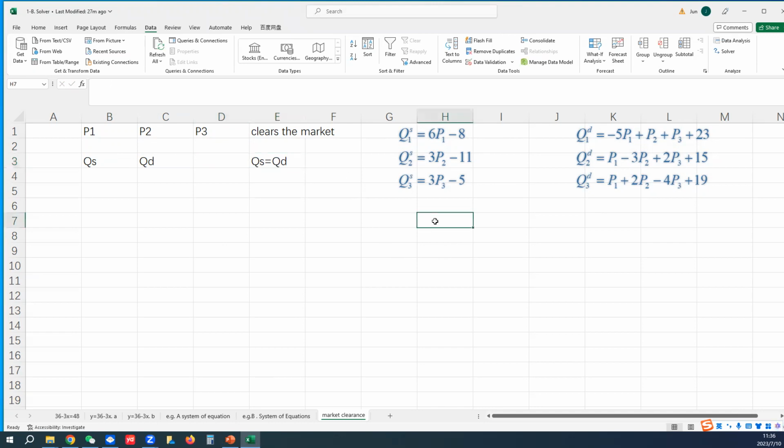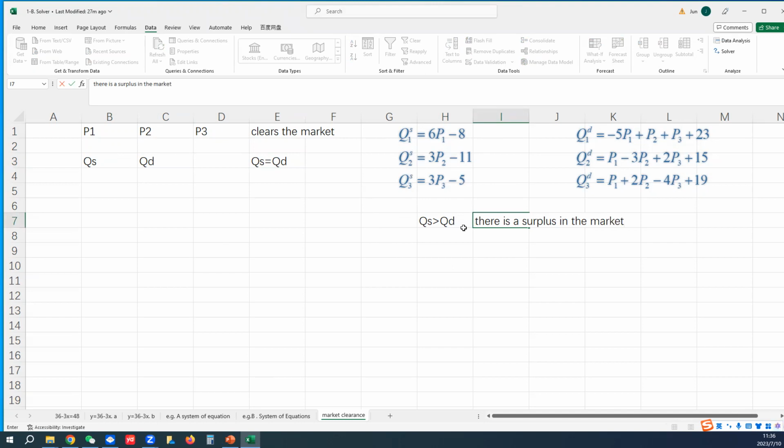And here, just to add a little bit more, when QS is greater than QD, what is that? Now you supply more goods than demanded. There is a surplus in the market. Okay, and if QS is smaller than QD, consumers demand more than what the producer can produce, and we say there is a shortage in the market.